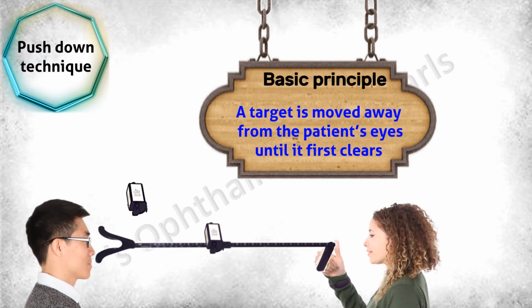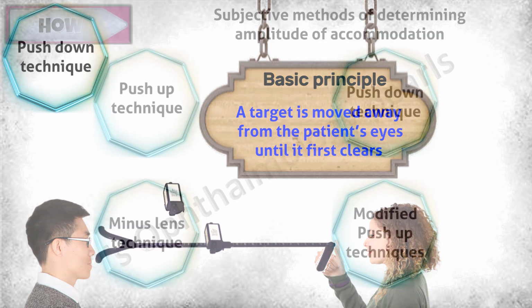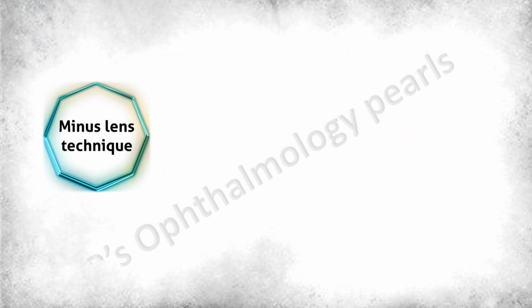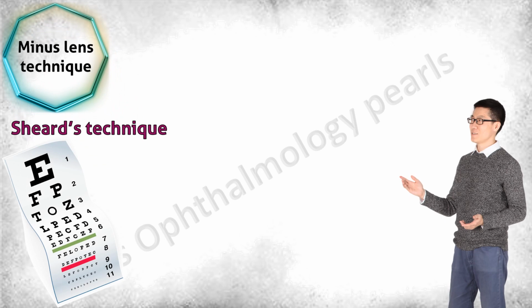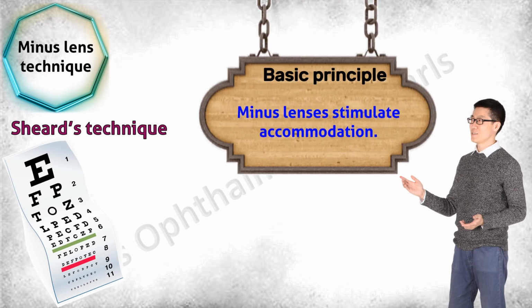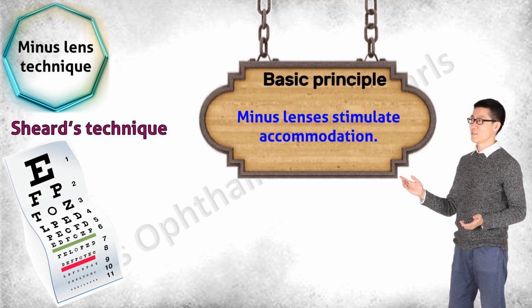The basic principle of the push-down technique is that the target is moved away from the patient's eyes until it first clears. Also termed Sheard's technique, the minus lens technique makes use of the basic principle that minus lenses stimulate accommodation. Negative powered trial lenses are placed in front of one eye to blur a distance letter chart.